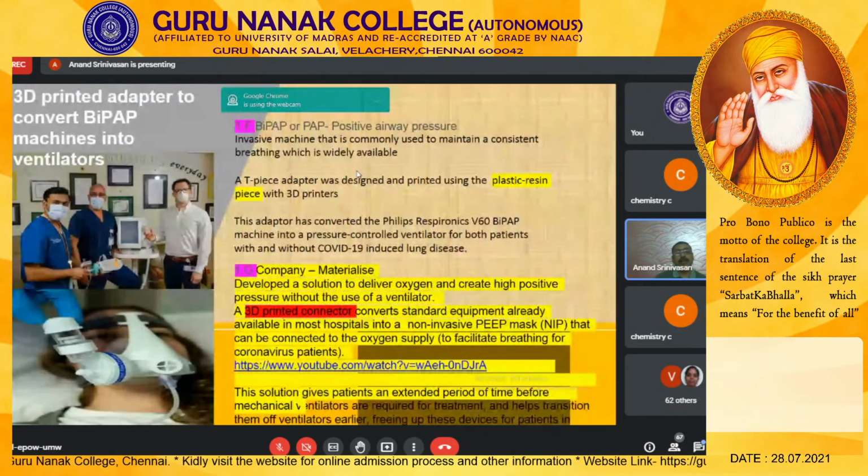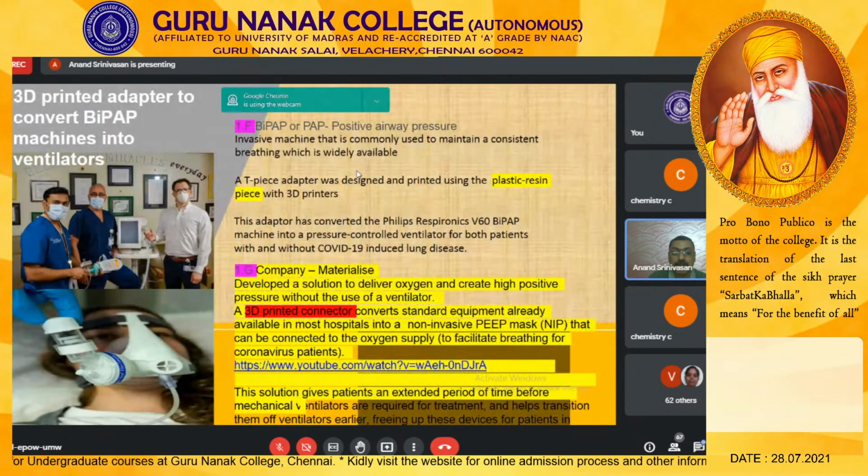And this one, since we are in COVID season, I thought I should provide information about this particular 3D printed adapter, which was made by this company Materialise. So they developed a polymer based 3D printed component which makes breathing easy.